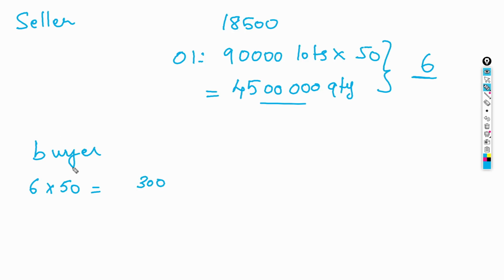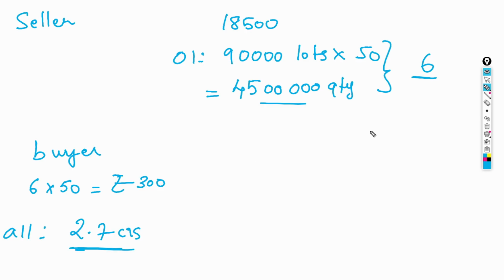So let's say all the buyers put together, how much have they totally paid? Each buyer to enter one lot just requires 300 rupees. All the buyers cumulatively have paid 45 lakh into 6 rupees, which is around 2.7 crores. So they have just paid around 2.7 crores, all the buyers put together.